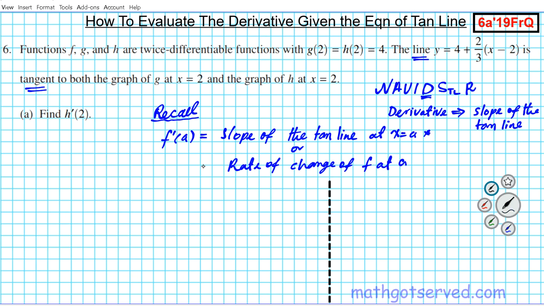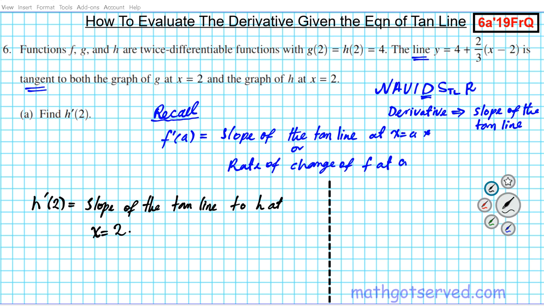Now let's adapt this fact to what we're looking for. So h prime of 2 is basically the slope of the tangent line to h at x equals 2. All right, so all we just need to do is identify the equation of the tangent line.